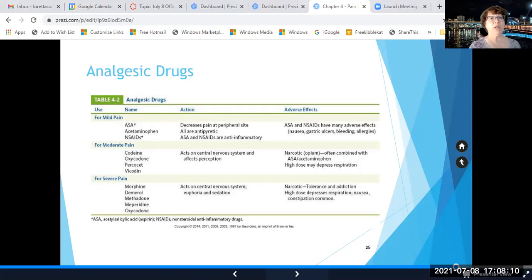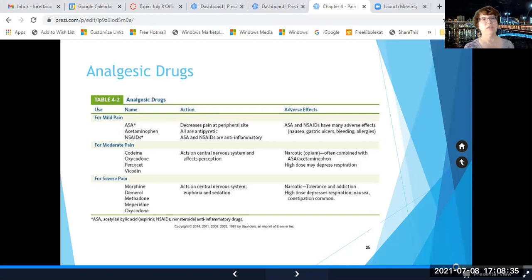The ones for moderate pain usually act on the central nervous system, and they affect the perception of pain. For severe pain, a lot of these are ones that are injectable, which act on the central nervous system. They can cause euphoria and sedation. Those are the ones where there's an issue with tolerance and addiction.